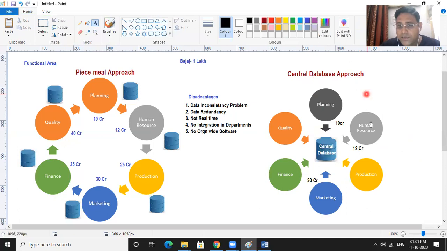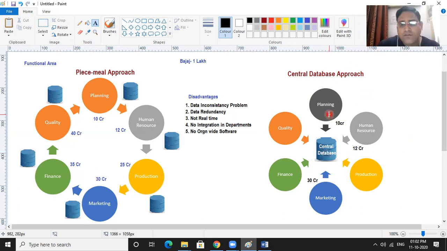But now with the central database approach, whenever any department does any transaction, the byproduct of that transaction, that is data, will be generated, and by default it will be saved or stored in your central database. Now, all the departments or functional areas of an organization are connected with the central database.